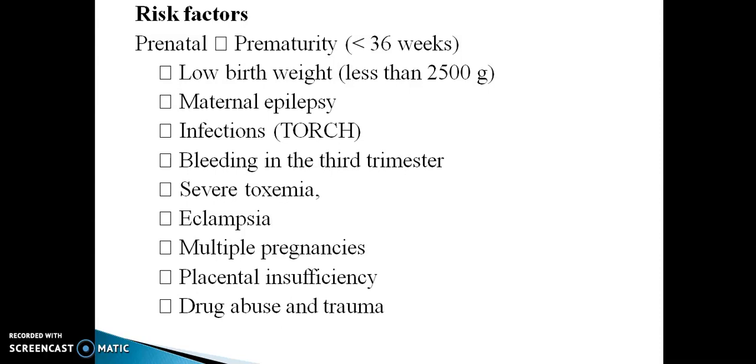Placental insufficiency is another: the placenta is the life giver for the child, since all nutrition, physiological functions, and oxygenation happen through it. Any insufficiency of the placenta can lead to cerebral palsy. All these are prenatal, including drug abuse or trauma to the mother; most prenatal causes are related to the mother.